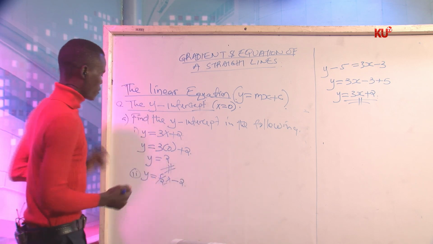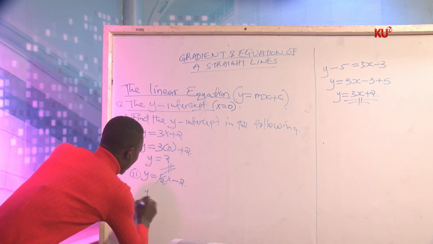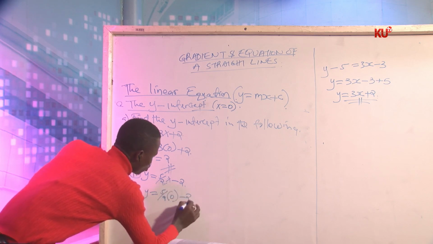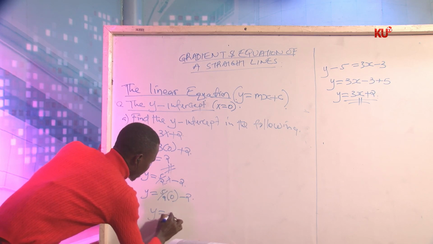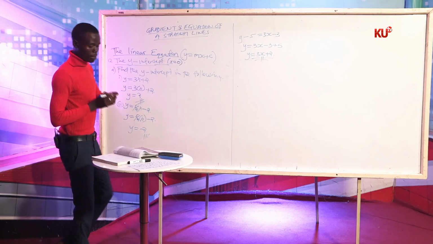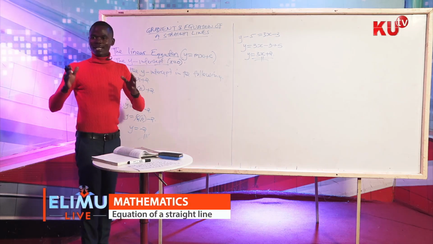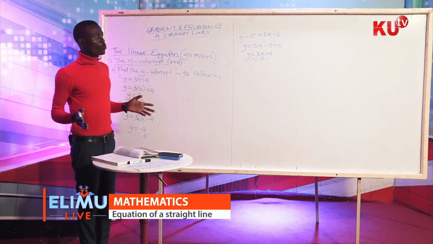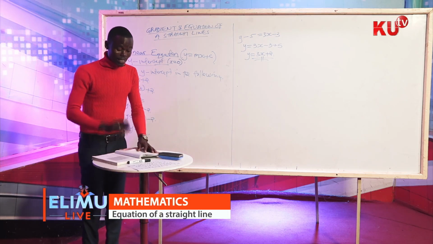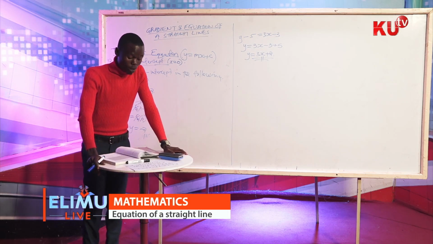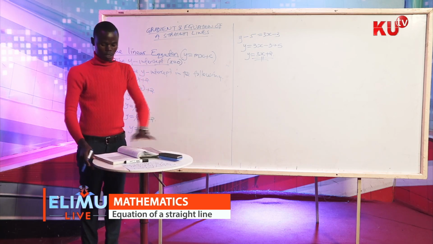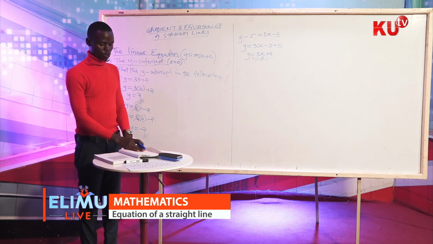You just say, y equals to 5 over 2 into 0 minus 2. Y is negative 2. That is how simple tackling that question can be.